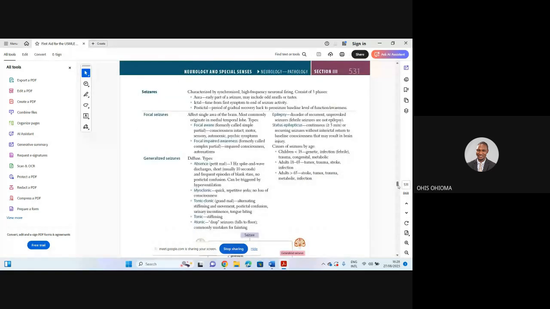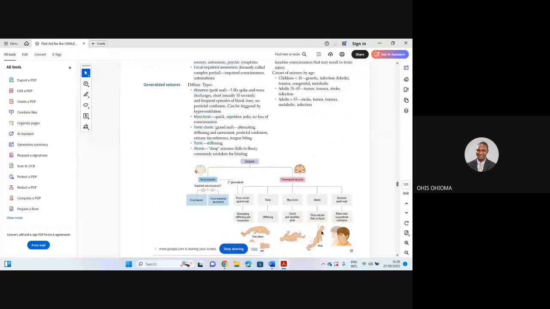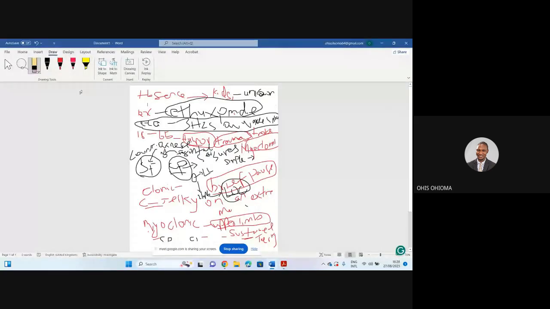Okay, so basically what I'm trying to say here is that you have a focal seizure for a patient. This is a focal seizure. When you see a patient who has a focal seizure, it means that it's a particular part of the brain that's been affected. So let me draw that out for you guys so you can see what I'm talking about.